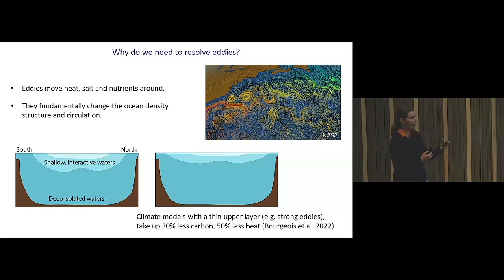And so processes like eddies that will reduce the thickness of this layer at the surface have a huge impact on our projections of what's going to happen to the world under climate change over the next century. So it's essential that we represent these processes well in our models through parameterizations or resolving their effects.